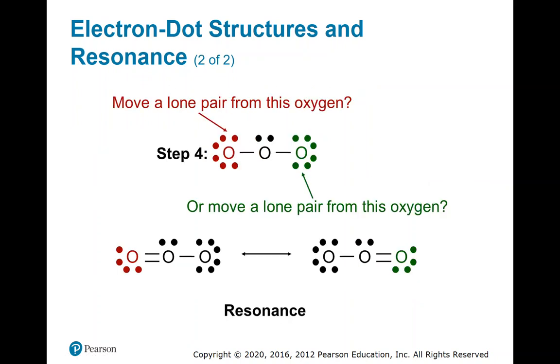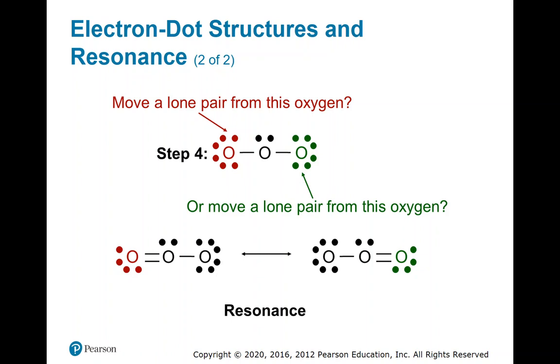And the real answer is the true Lewis structure of this molecule is actually some hybrid in between using the oxygen here labeled in red and the oxygen labeled in green. So at step 4, we had what you see up there at the top of the screen, and we could use a lone pair from the red oxygen, which is what we did in the previous slide, or the green oxygen.